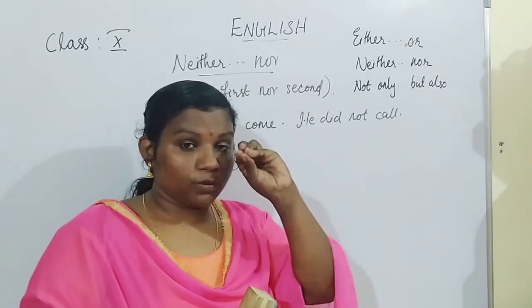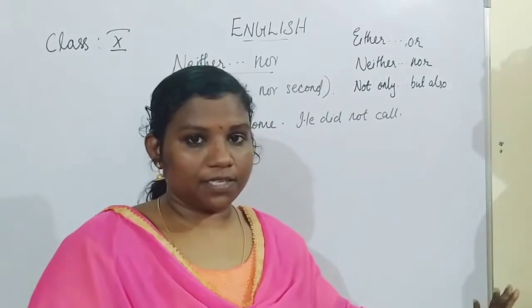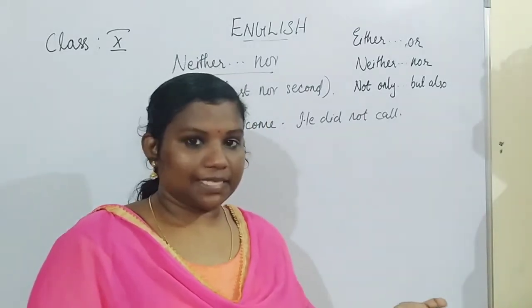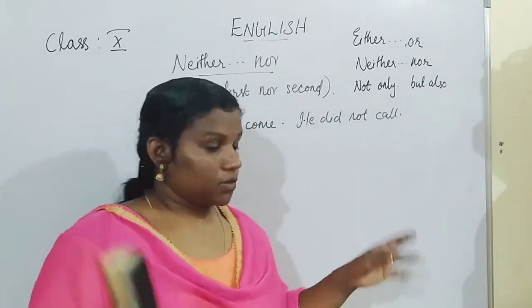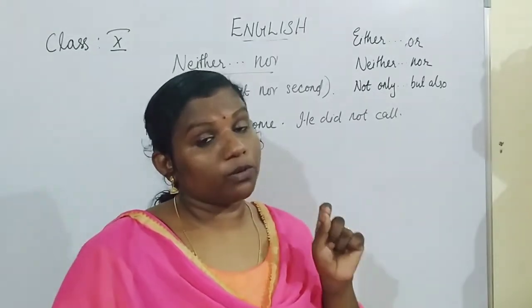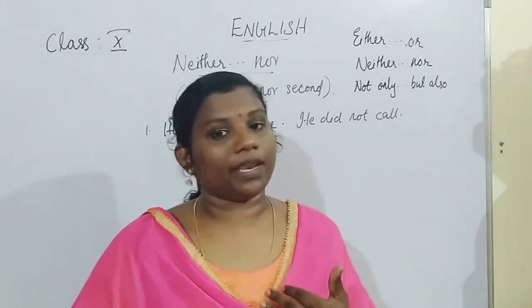So when we are using this neither...nor, what are we going to focus on? Not the first one, nor the second one. We are not focusing on anything. We are saying there is no first one and there is no second one. But one more point you have to keep in mind: when you are using neither...nor, that word itself has a negative meaning.